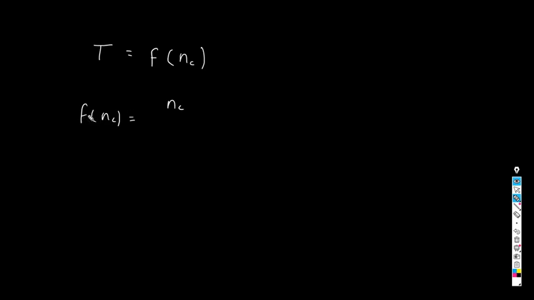The f of NC is equal to NC over 3 plus 4. Okay, so if you want to calculate the temperature, and remember that this is the temperature outside, just count the number of chirps in 25 seconds, divide it by 3, and add 4. And you will get a pretty good estimate of the temperature outside.